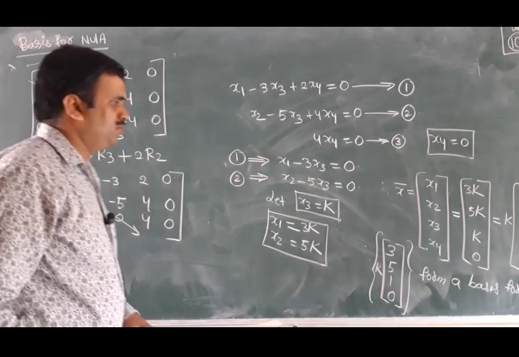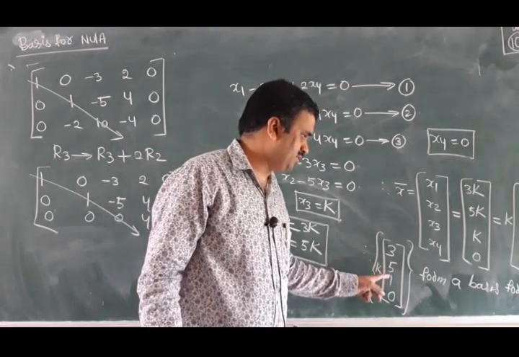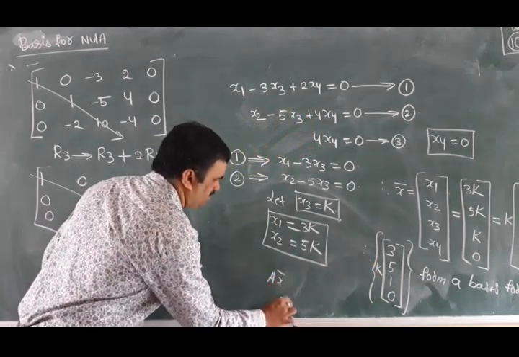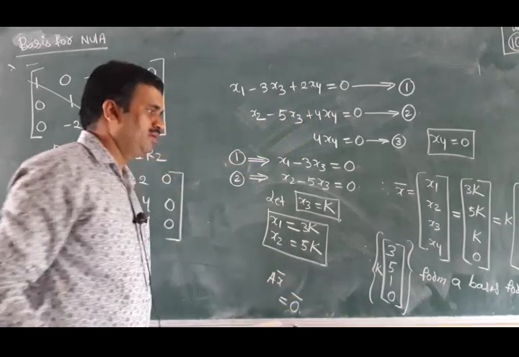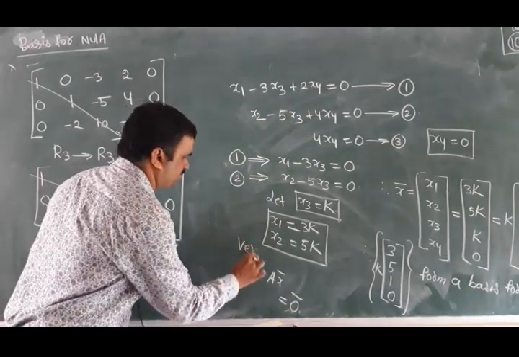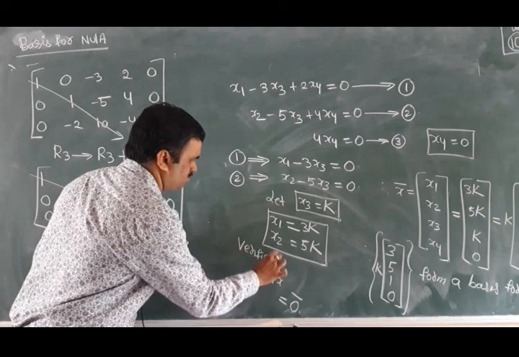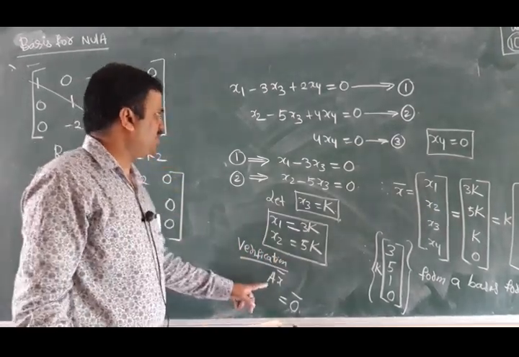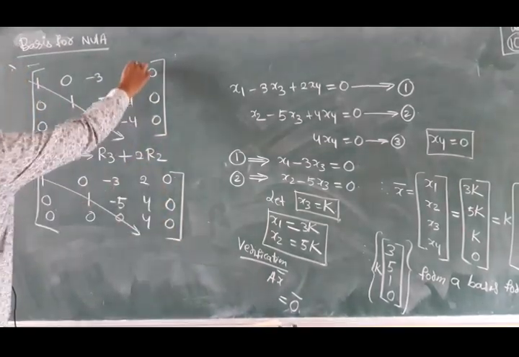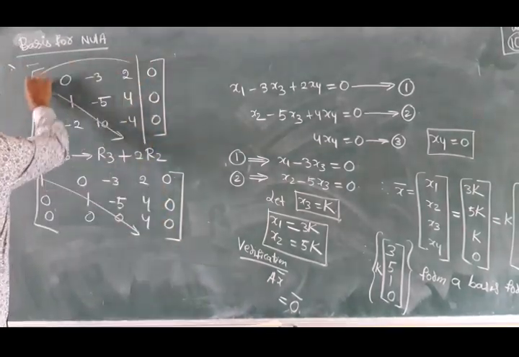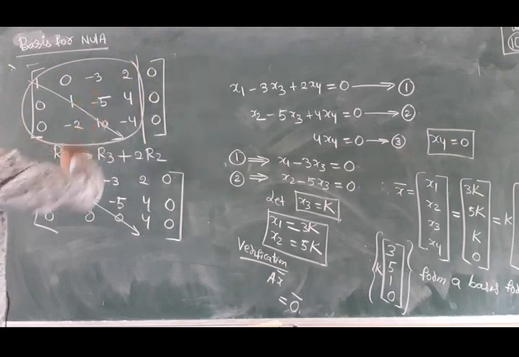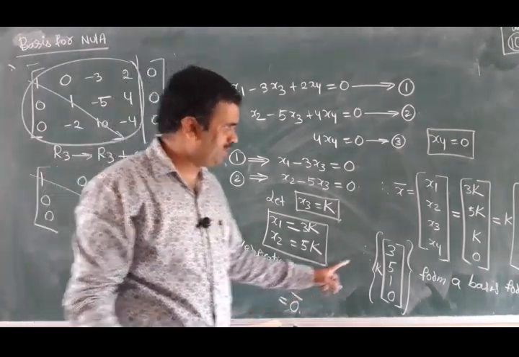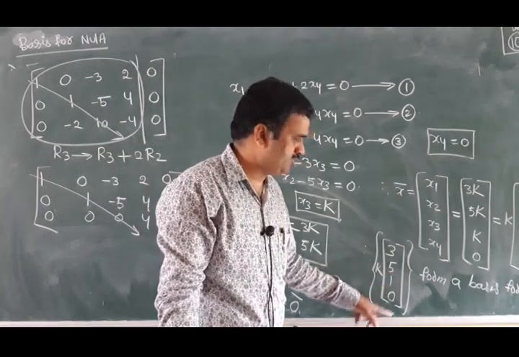If you want, you can consider x bar as 3 5 1 0. Find A x bar, and you will get the null vector. You can do verification. Matrix A is already given in the question, and consider x bar as 3 5 1 0.